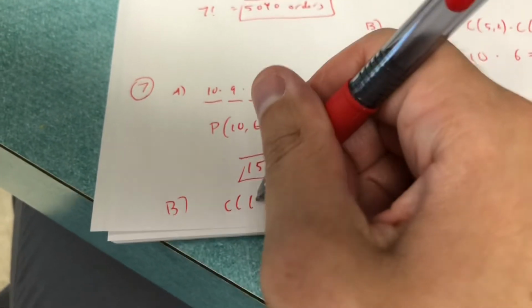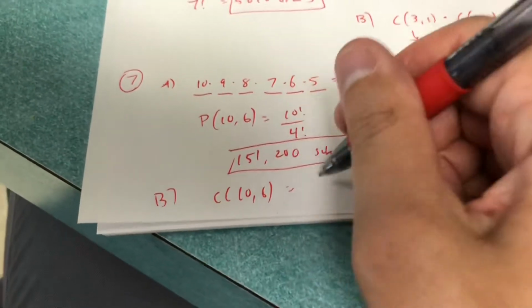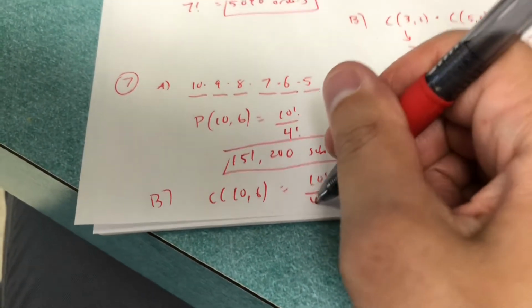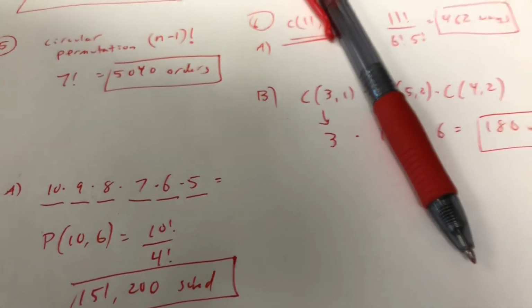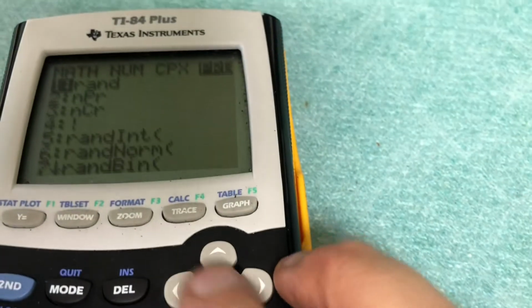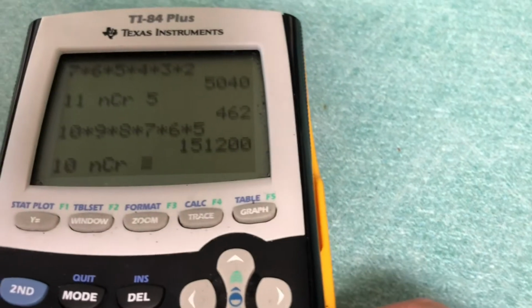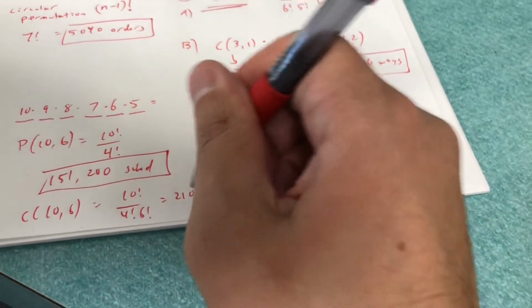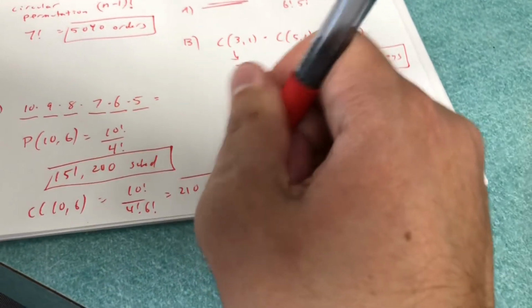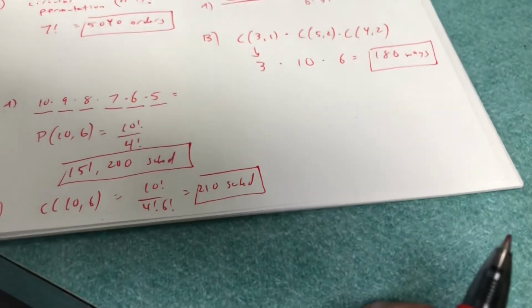That's the combination of 10 choose 6. And again, if you wanted to work that out, that'd be 10 factorial over 4 factorial, 6 factorial, or you can stick that in the graphing calculator and you can get an answer pretty quickly. It's going to be 10 choose 6, and that's going to be 210 schedules. So if we're not including order, not nearly as many options.